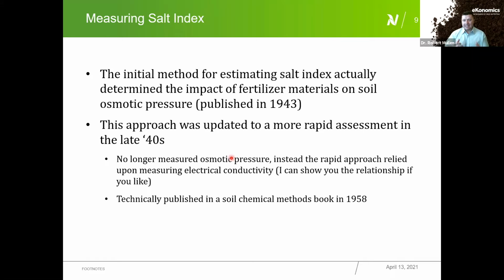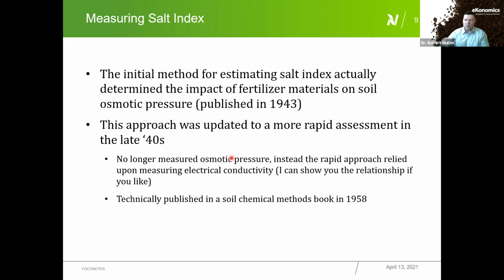Okay, but at least initially in the 40s, they were measuring osmotic pressure in a soil environment to quantify what the salt index was of various fertilizer products. And as you can probably imagine, the list of materials that they were using in the 40s doesn't necessarily look anything like the fertilizer materials that we have at our disposal today.